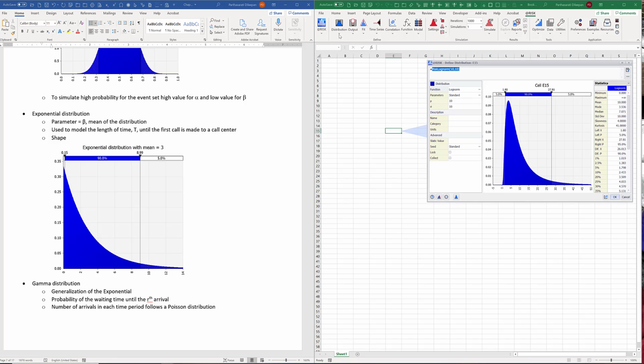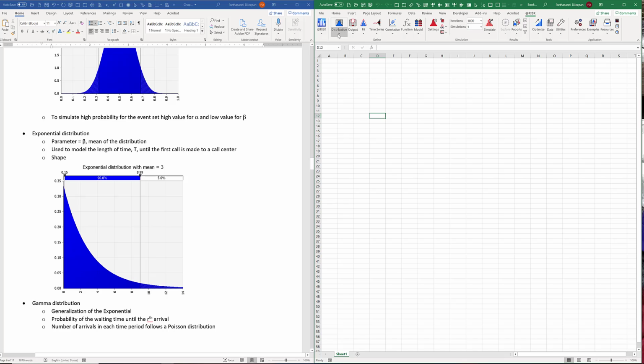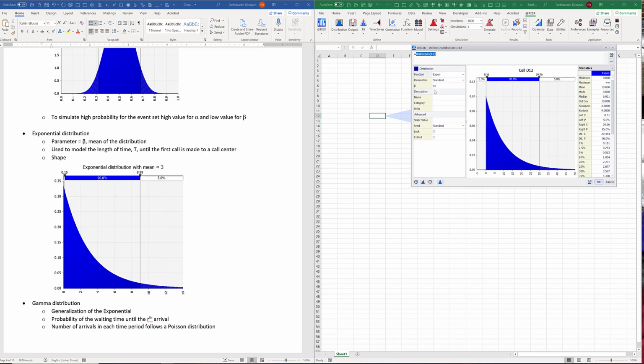So again, you can look at the beta distribution here. So you have the exponential distribution, you go to define, expand. Okay, so here is beta. You can change the beta.